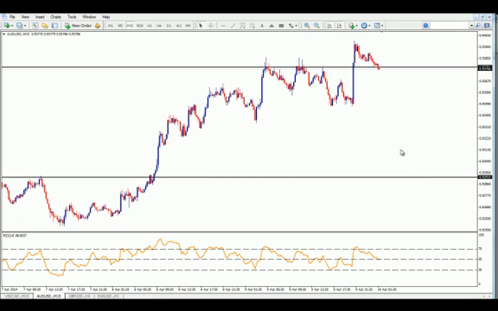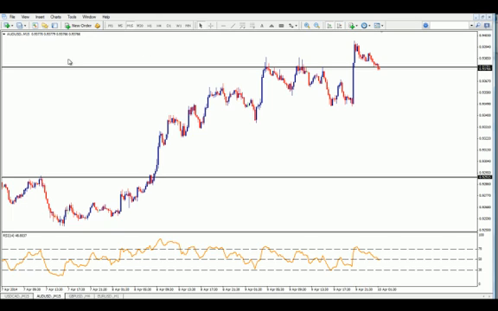Now, as you can see here, what's happening right now is that the RSI is breaking below the 50 level, at the same time that price is breaking this level of previous resistance that was tested as support. So this is a clear signal of reversal.